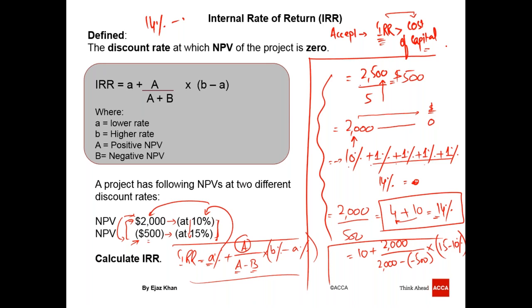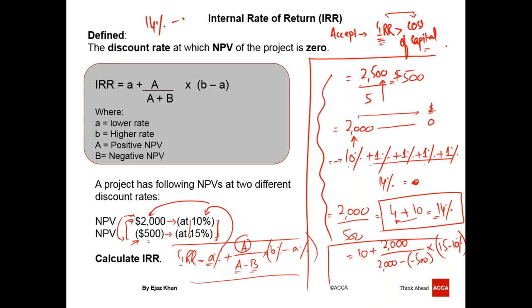Okay, Fahim, if cost of capital is equal to IRR, should we accept the project? Well, don't expect that the examiner will give you the situation where cost of capital is equal to IRR, and then he will still ask you to decide whether to accept or reject, because this will be purely on the management, whether they are good enough, or whether they're happy with this return.